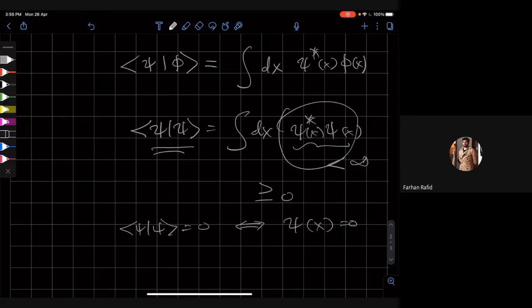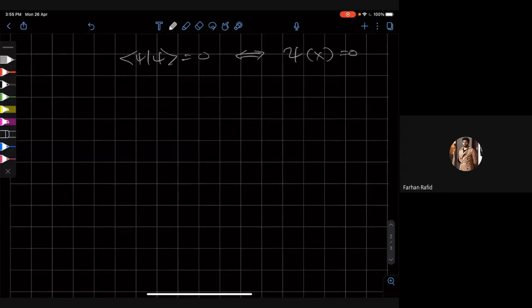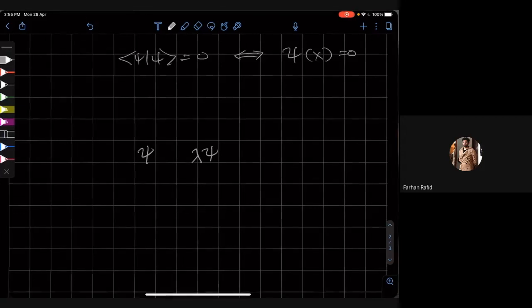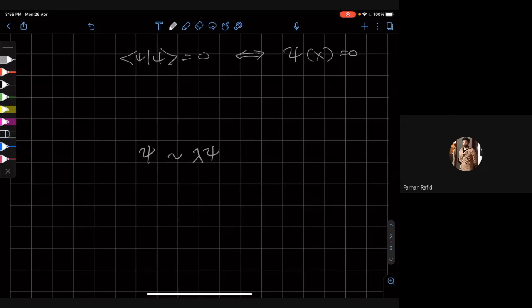It's when we apply it to physics that we say that if I take a vector from my vector space that is a function, and then take another vector in the same vector space, which is the same function but multiplied by some constant lambda, then physically they are equivalent. That's one of the postulates of quantum mechanics. As far as I know, this has nothing to do with the definition of a vector space. Okay, sir, understood.